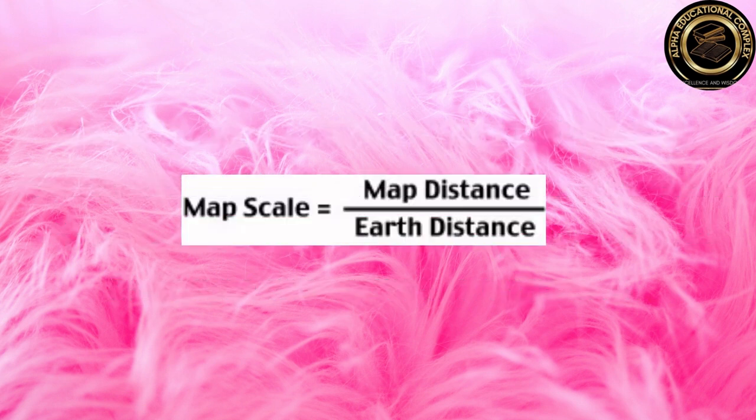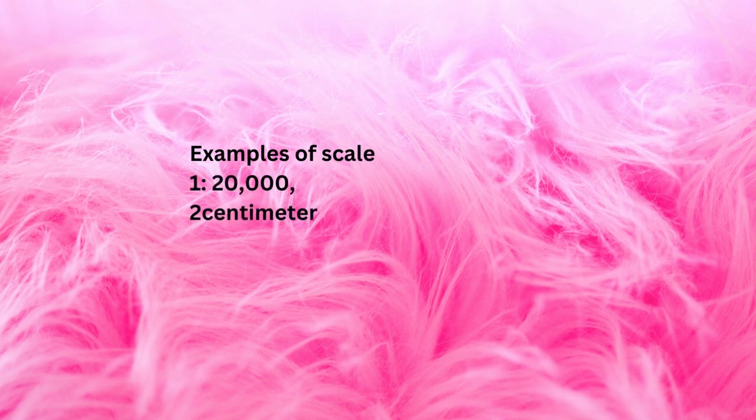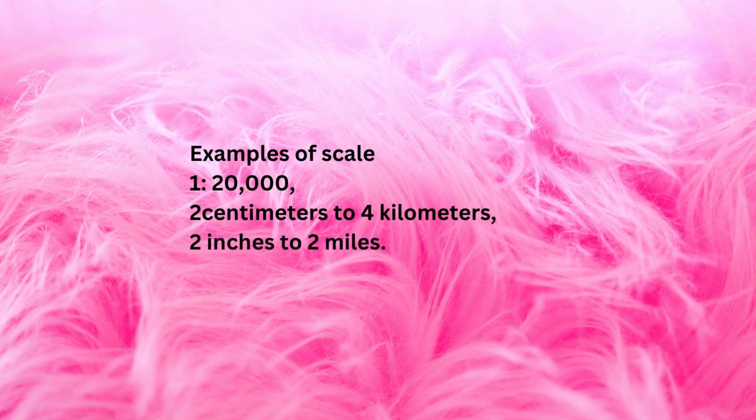Mathematically, scale can be expressed as map distance over ground distance. Examples of map scale include 1:20,000, 2 centimeters to 4 kilometers, 2 inches to 2 miles. So now, let us interpret what 1:20,000 means.